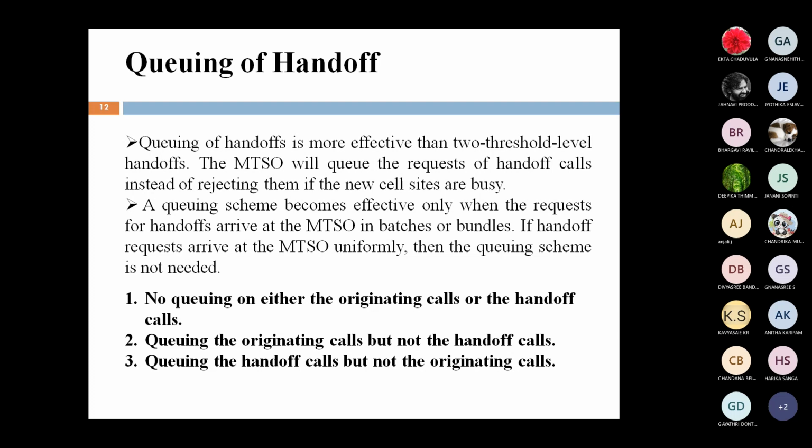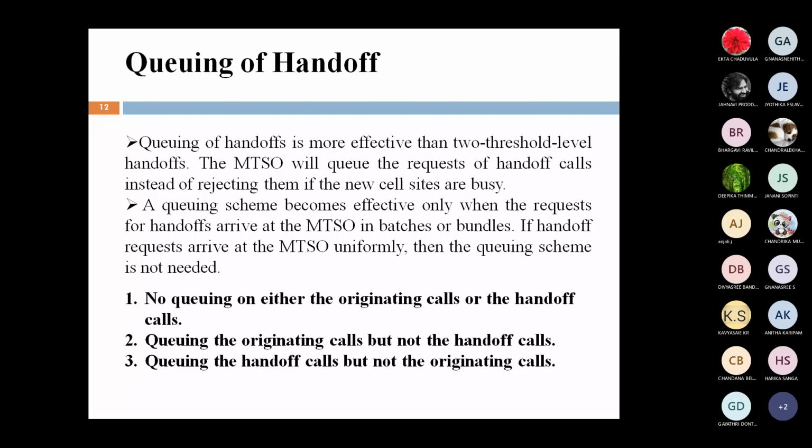This queuing of a handoff is more effective than the two-level handoff technique, that is, delaying handoff. Why? Because we don't know whether the channels are available or not in the upcoming cells. That's why we have to maintain a queue, that is first in, first out, first in, first connection.